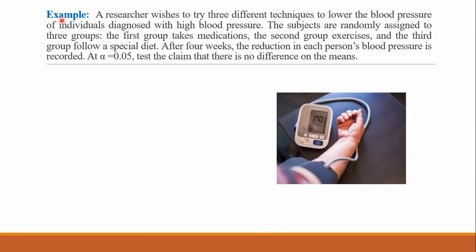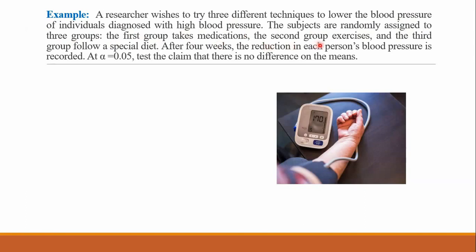Let us see this example. A researcher wishes to try 3 different techniques to lower the blood pressure of individuals diagnosed with high blood pressure. The subjects are randomly assigned to 3 groups. The first group takes medications.